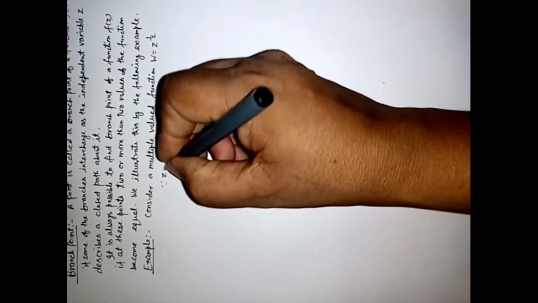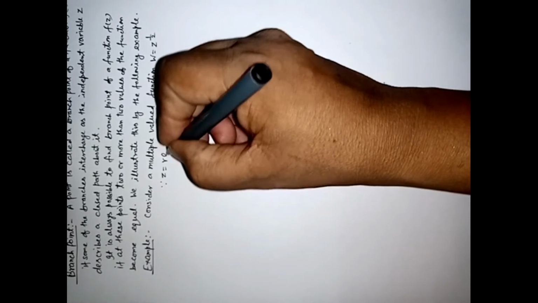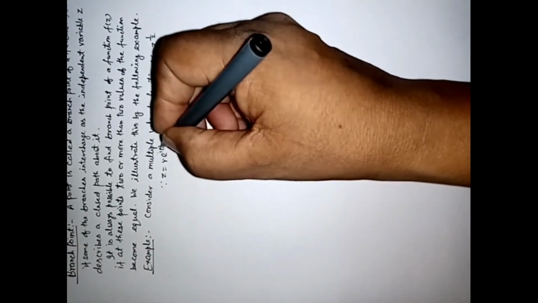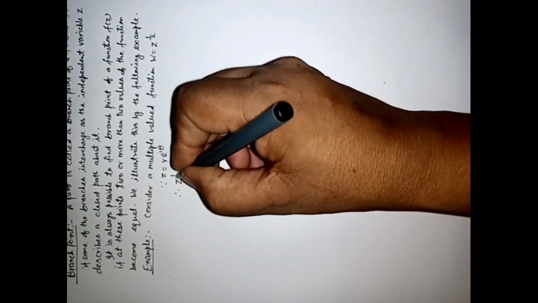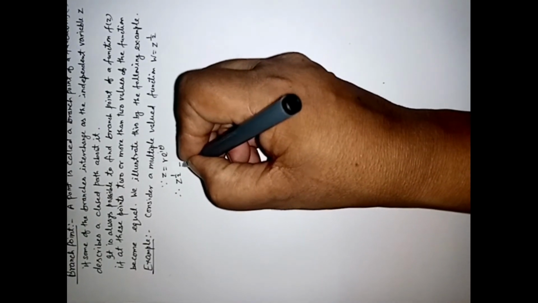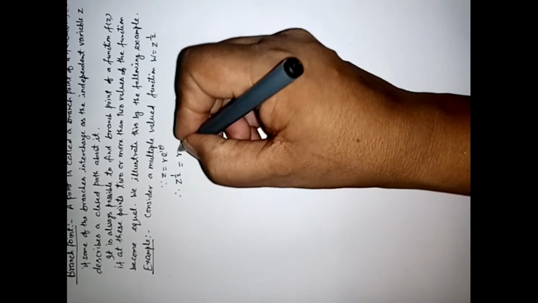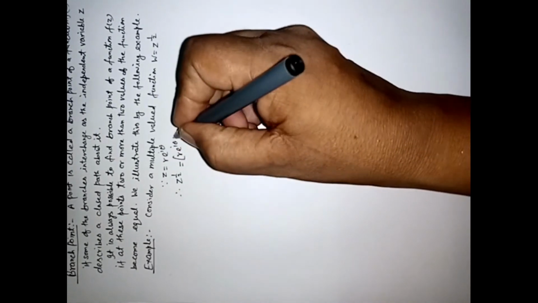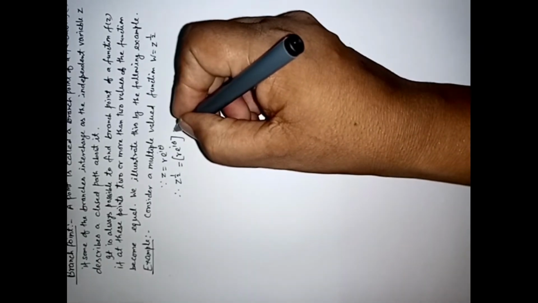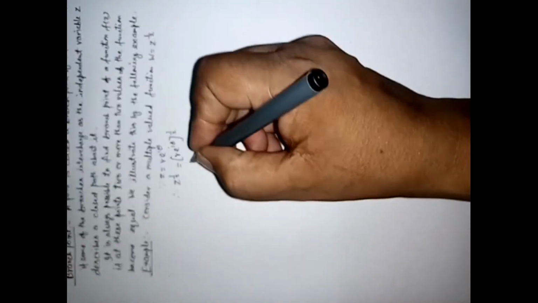Since z equals r e raised to the power i theta, z power half becomes (r e^(i theta)) whole power half.